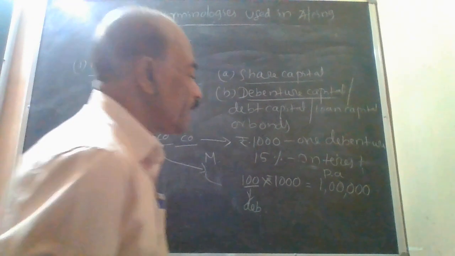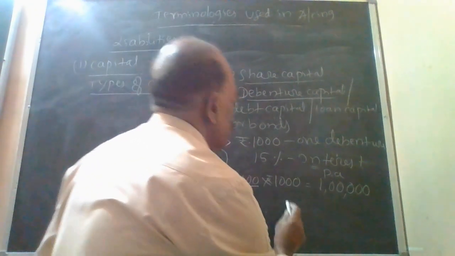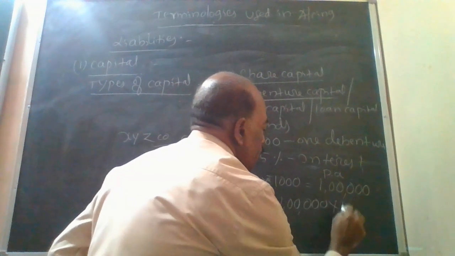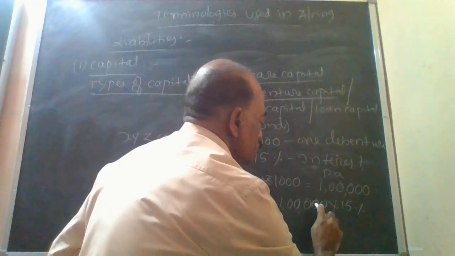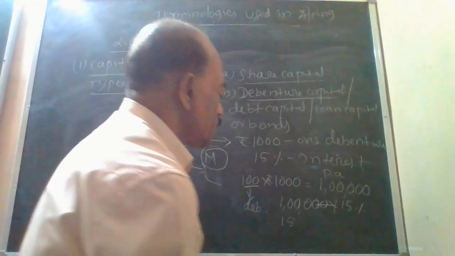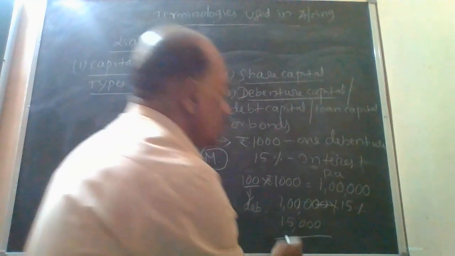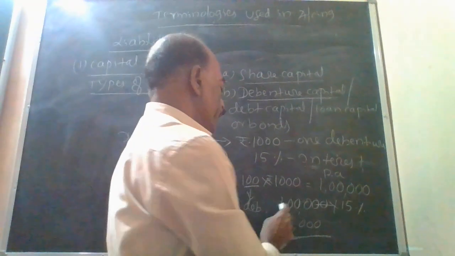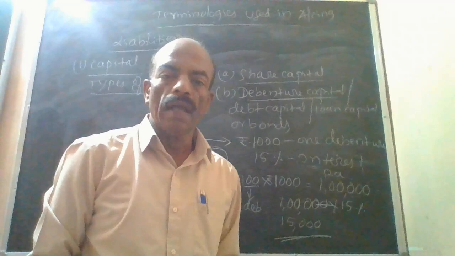At the end of the year, how much interest will Mr. M get? He will get 1 lakh into 15 percent. Cancel the zeros, so 15 ones are 15, and he will get 15,000 interest per annum.